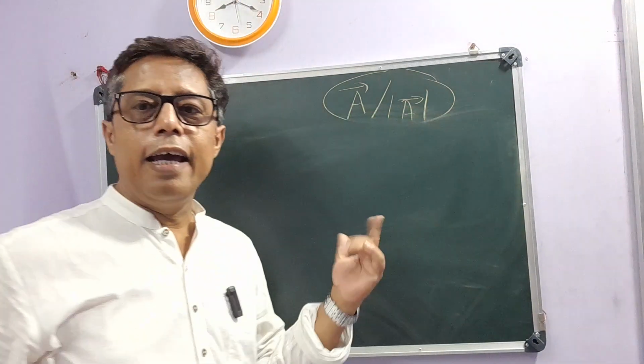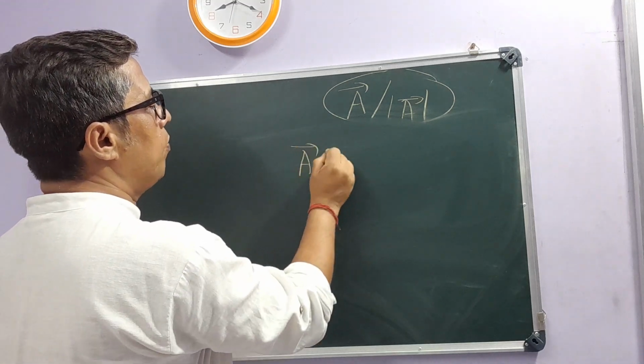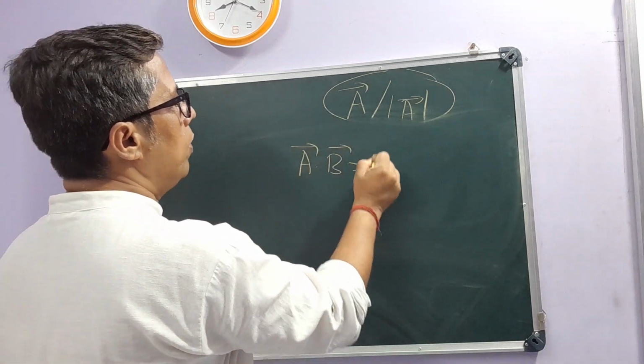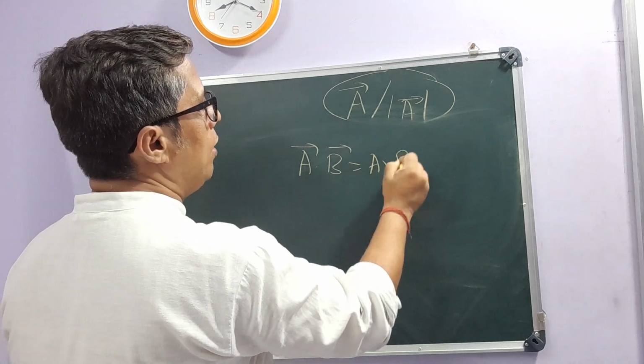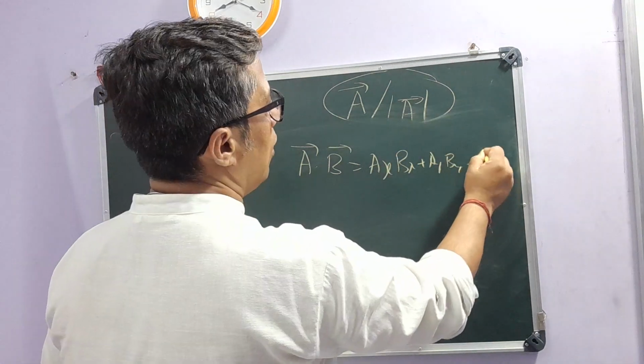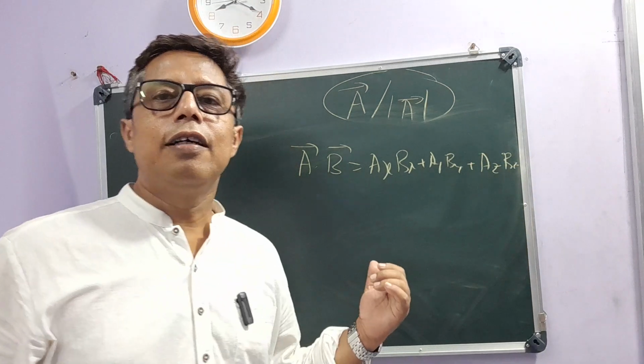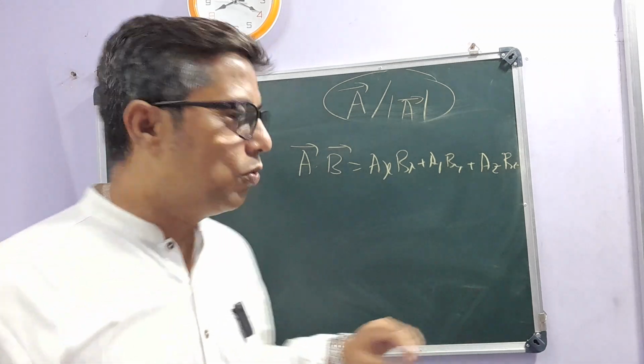So keep in mind the x and y. So what will be the dot product? If I am taking A dot B, the output will be AxBx plus AyBy plus AzBz. How does it come? Follow my next session, I'll show you.